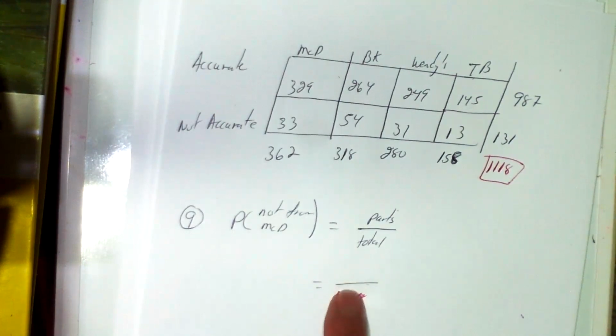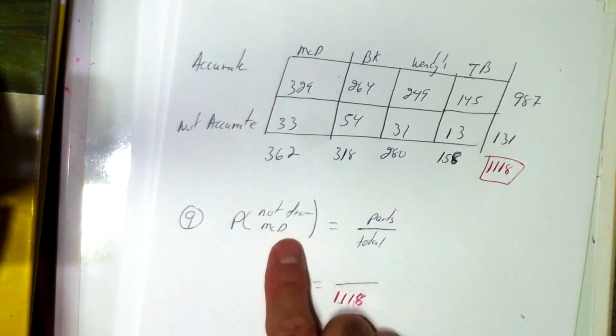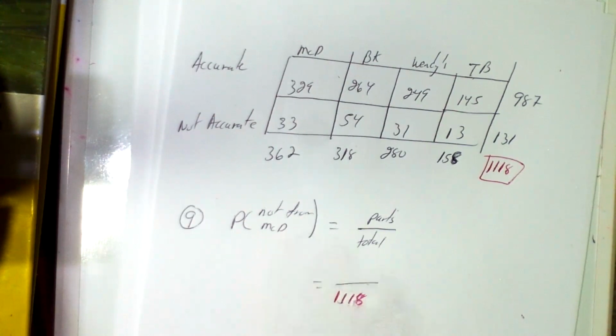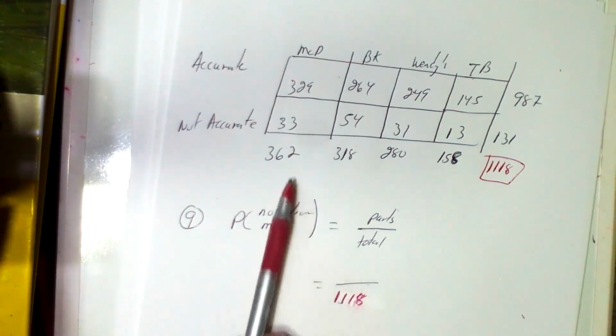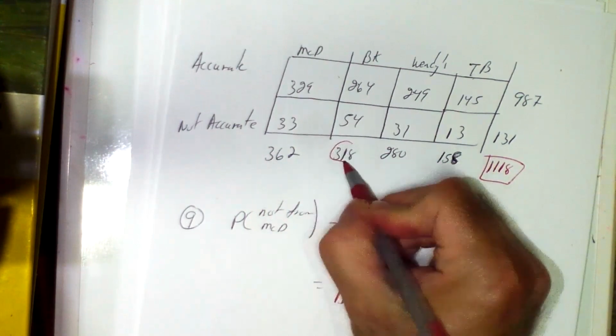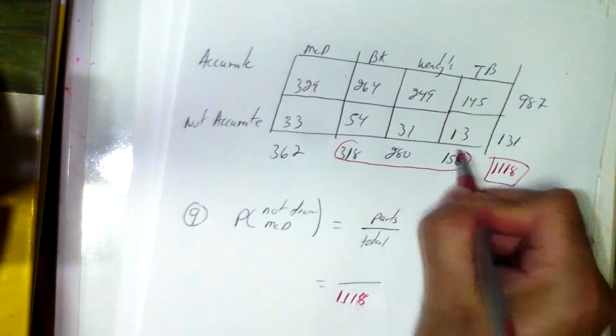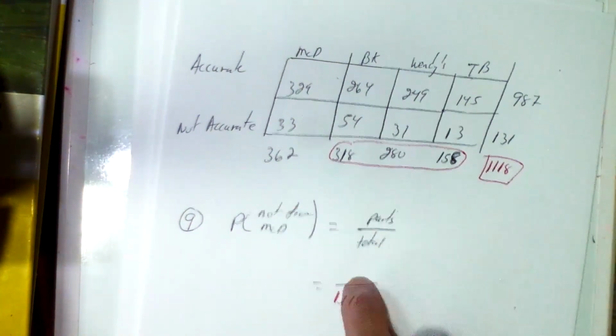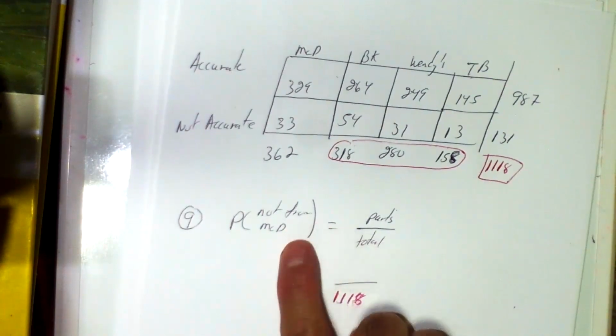Right, that's my total. Now I want the numbers that are not from McDonald's. So there's the McDonald's, but I don't want the McDonald's. So I have to add these numbers, and that'll give me the part because I want the not from McDonald's.